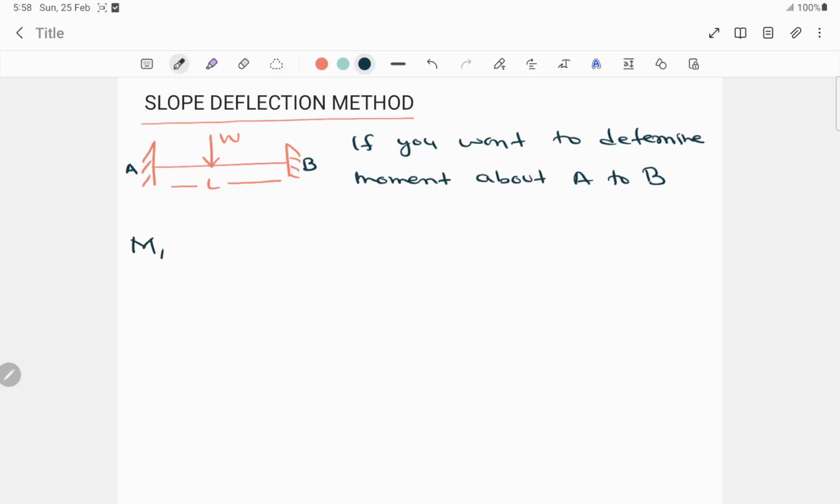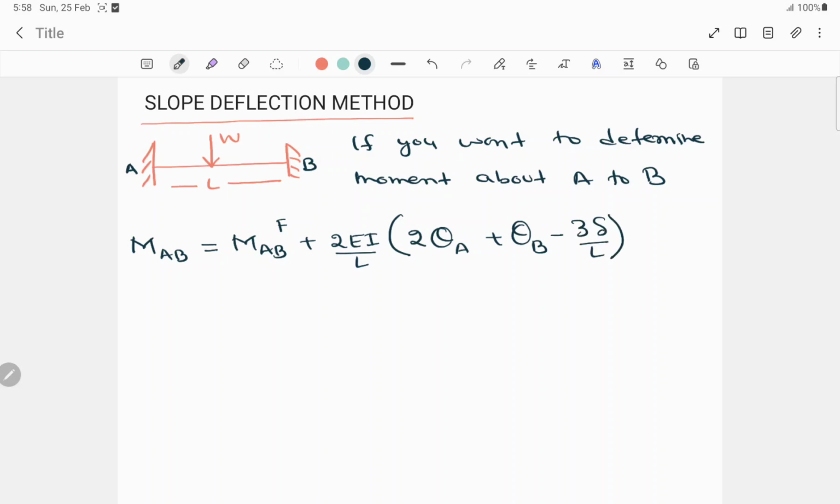Moment about A to B is equal to MABF plus 2EI by L bracket 2 theta A plus theta B minus 3 delta by L.